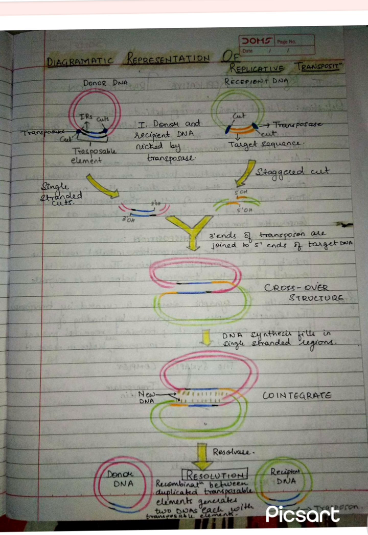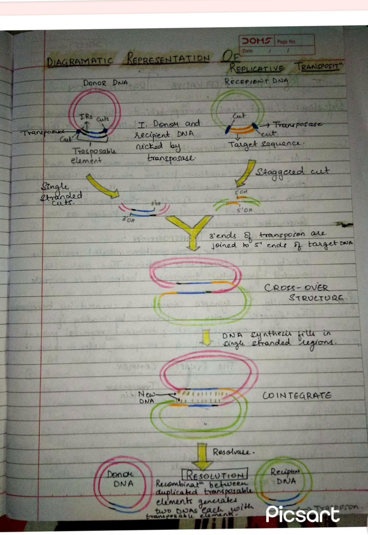Then the other single stranded cuts will occur. At the 3' OH in donor DNA, transposase enzyme will bind and will cut at the 3' OH DNA and will create a nick. And at the specific target site sequence also transposase enzyme can cause a nick at the 5' OH.